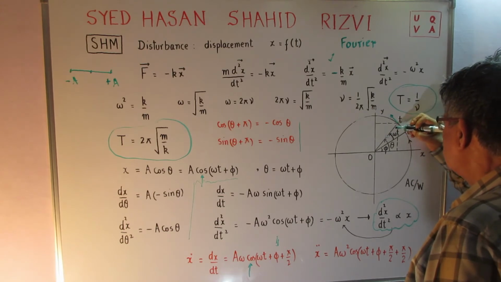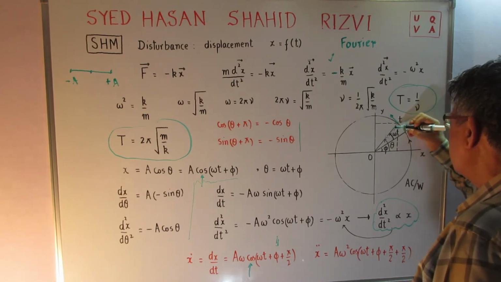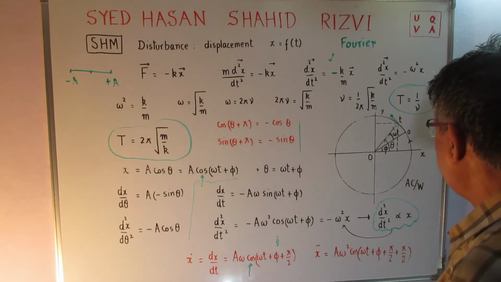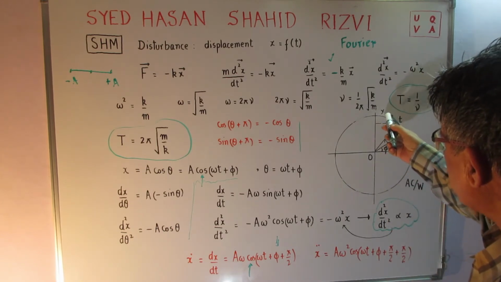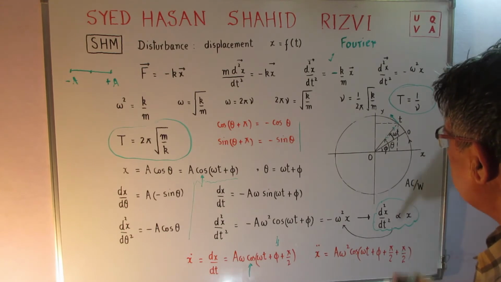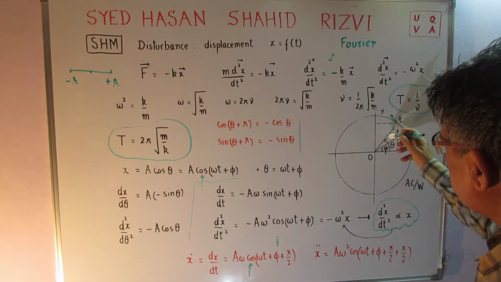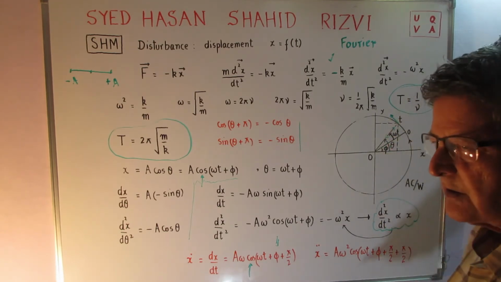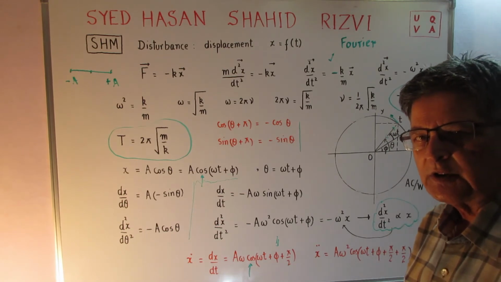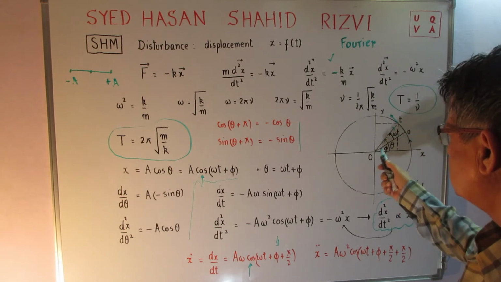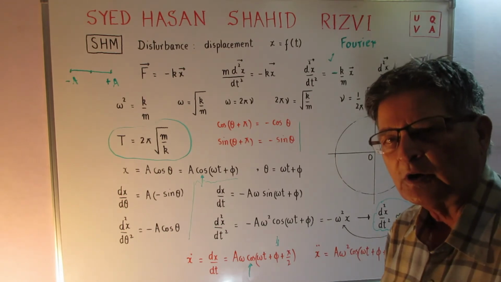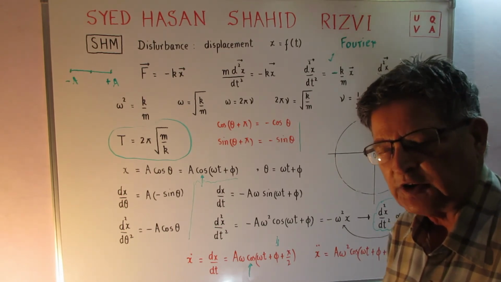In the first case it is the displacement, the direction of the displacement is like this, the direction of the velocity has been shown like this, and the direction of the acceleration as it appears over here is towards the mean position, and in this case it is towards the center, so we call it a centripetal kind of acceleration.